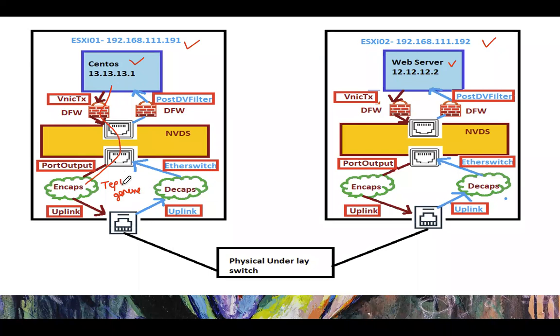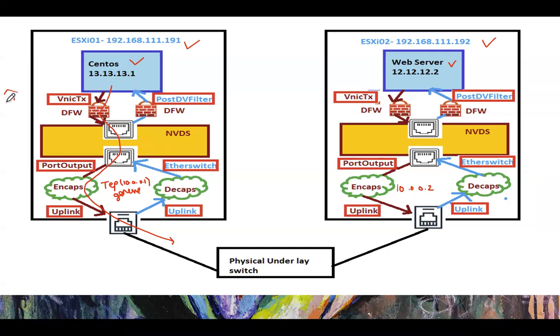In my case, the TEP IP on ESXi1 is 10.0.0.1, and on the other host it is 10.0.0.2. And traffic is finally sent through the physical wire. So over here, NSX gave us three opportunities to perform packet capture.